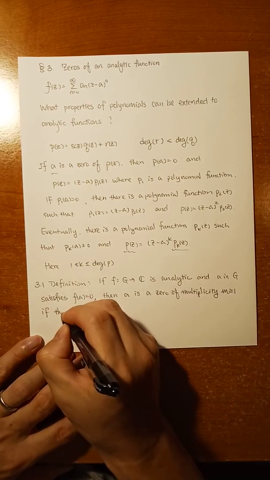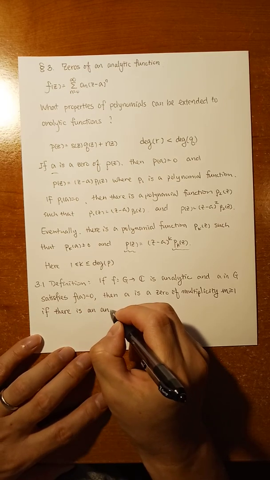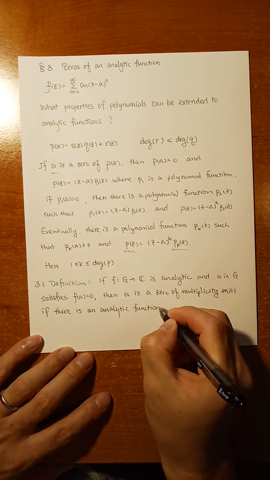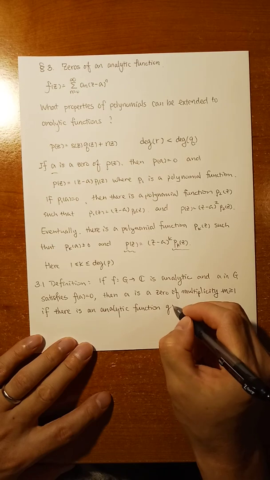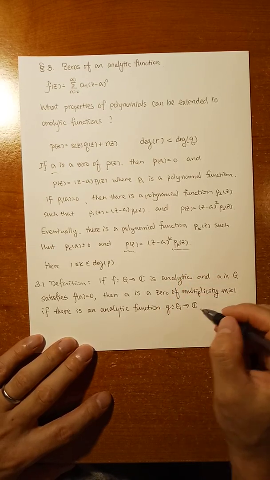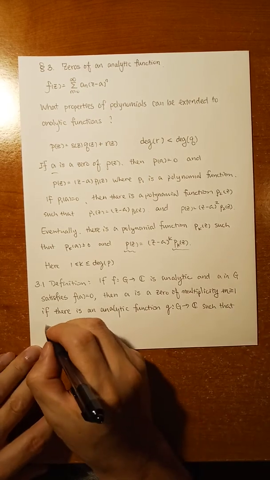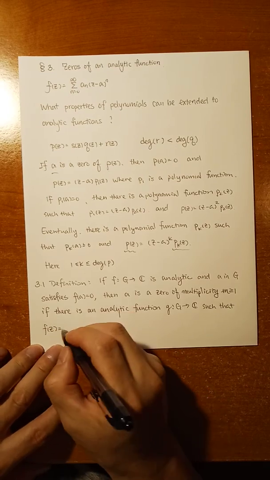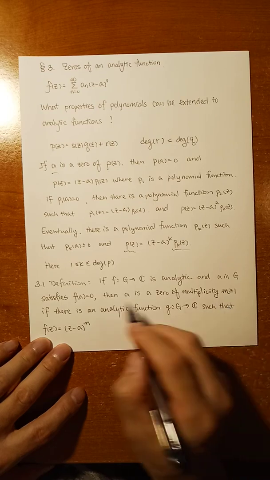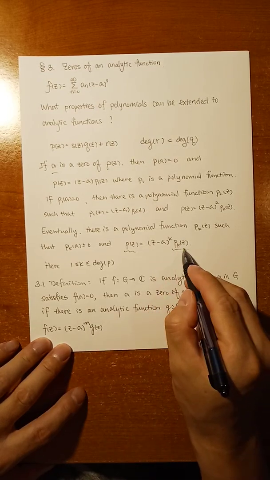if there is an analytic function g of z from G to C such that f of z is equal to z minus a to the power m, here m is the multiplicity, times g of z. So this one times another polynomial.